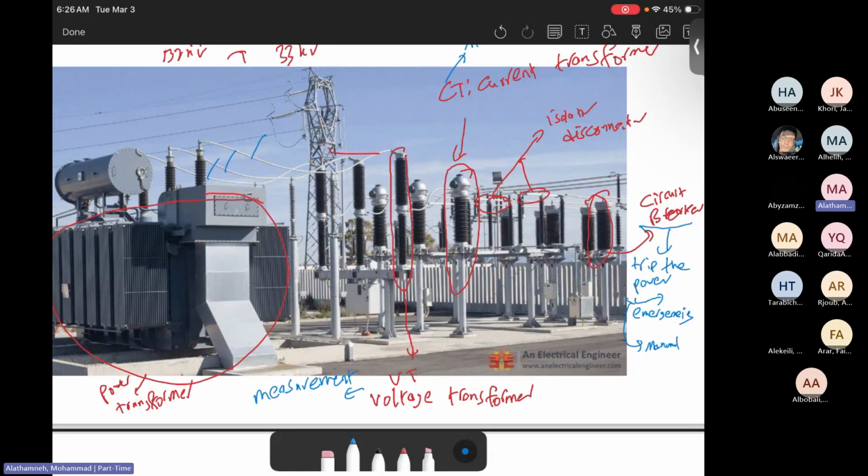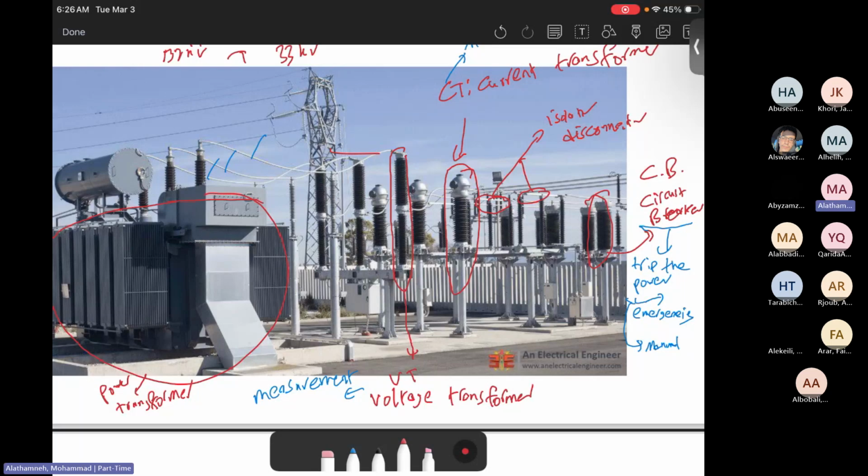We disconnect the power using the circuit breaker. As a shortcut, we call it CB. It's used to disconnect or trip the power when the power is energized. When the power is on, it will be turned off.